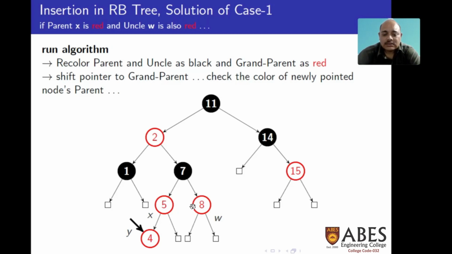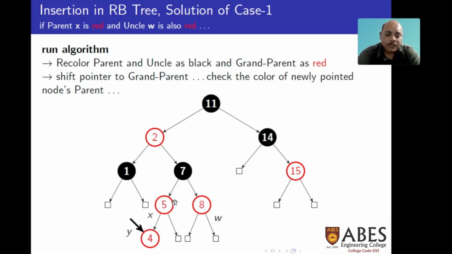Second thing, we will put the pointer to the grandparent. Why are we doing this? Because if we make 5 and 8 black, then 5 will be a black father and 4 will be a red child. So whatever red conflict was there should be resolved.